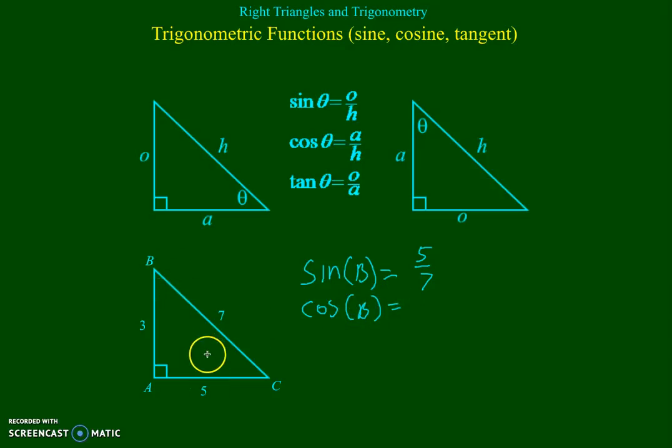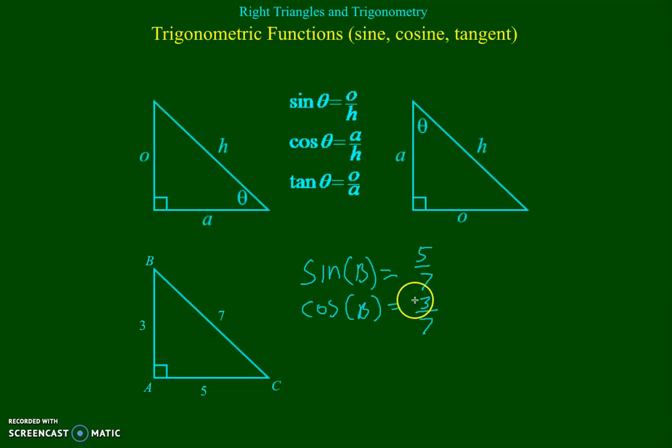Some, old horse, that was sine. Caught, cosine, is adjacent, 3. Horse, 7. So again, caught a horse.